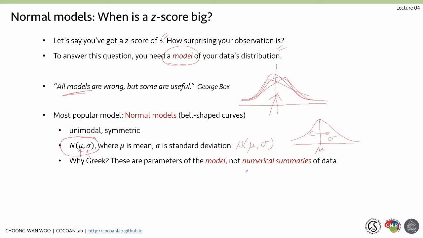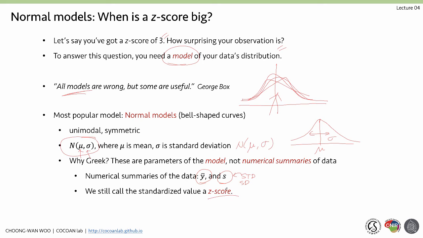We are assuming that the data is from that population-level theoretical distribution. For the numerical summary of the data, we use the notations y bar and s, or STD, or SD, whatever. But here we are using S.